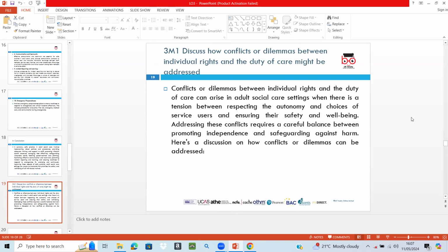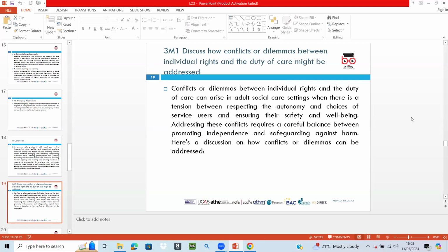So, in this one, we can say that navigating conflicts or dilemmas between individual rights and the duty of care in adult social care settings requires a thoughtful and balanced approach to ensure the well-being of service users while respecting their autonomy. A few of the points which could be included are, for example, encouraging open communication and collaboration between service users, their families, and care providers.